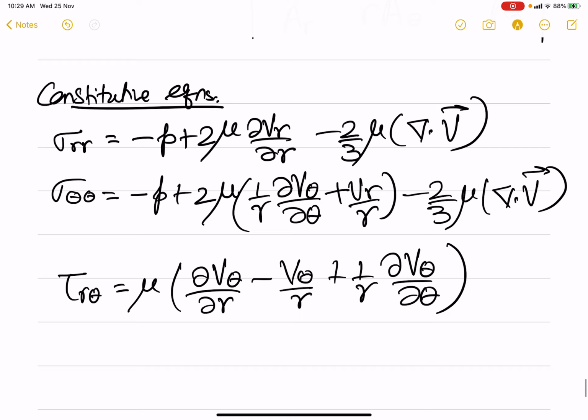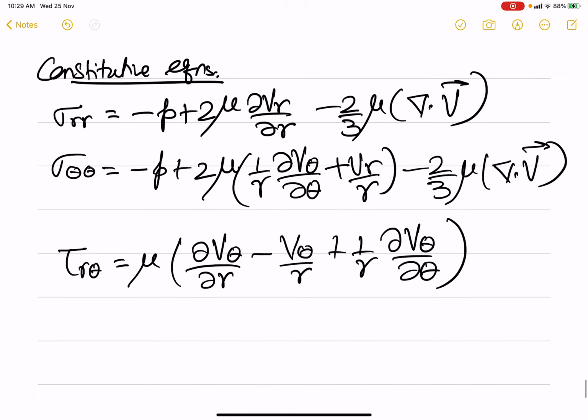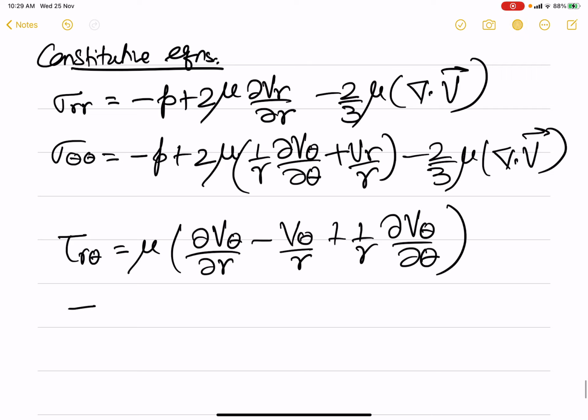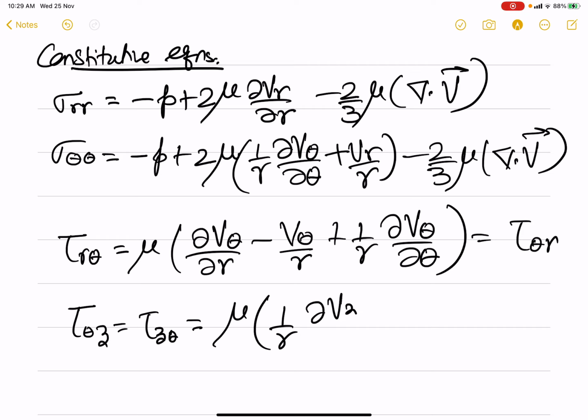In xy it was simple: partial Vx by partial y plus partial Vy by partial x. So this is tau r theta, and this will be equal to tau theta r. And the expression for tau theta z, which is tau z theta, will become mu times 1 over r partial Vz by partial theta plus partial V theta by partial z.